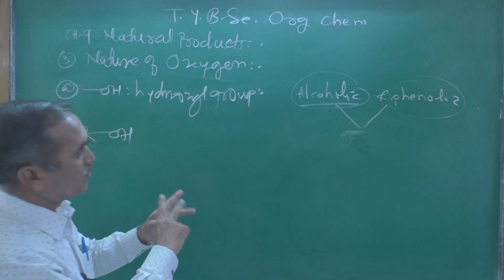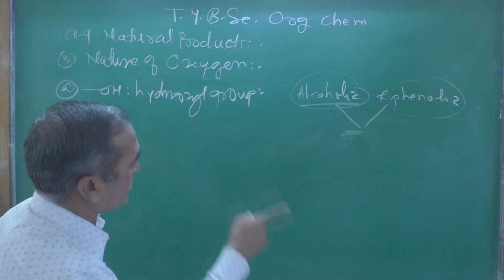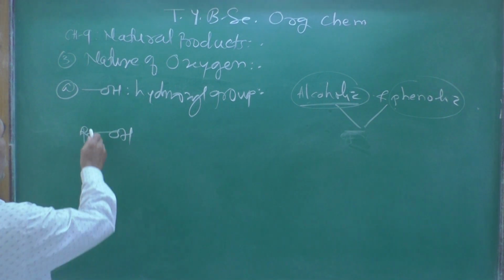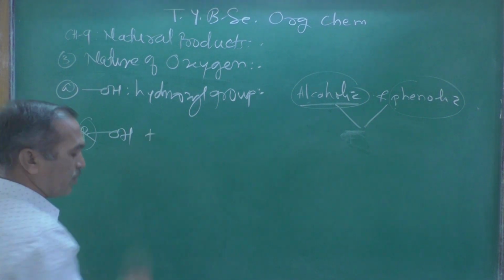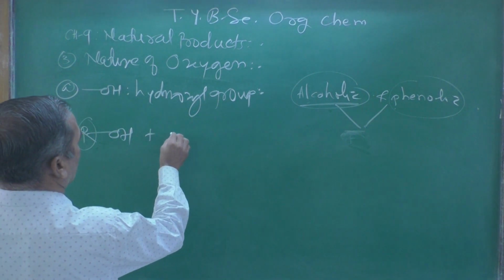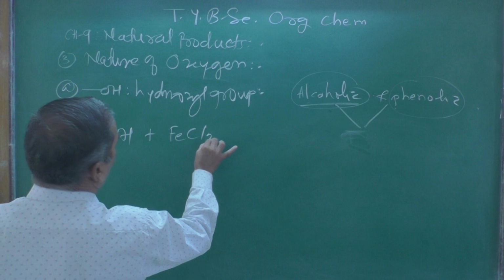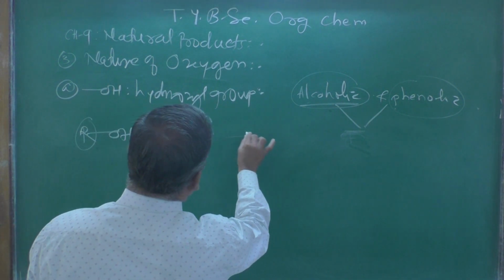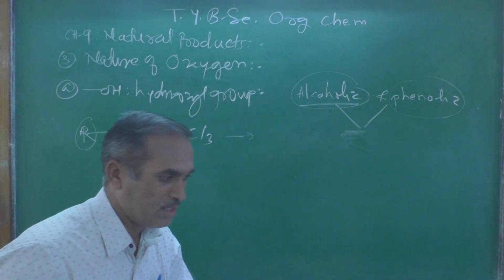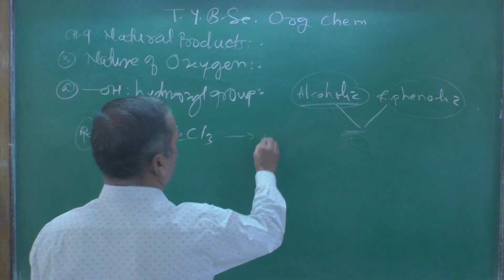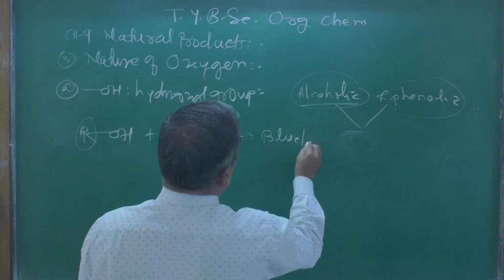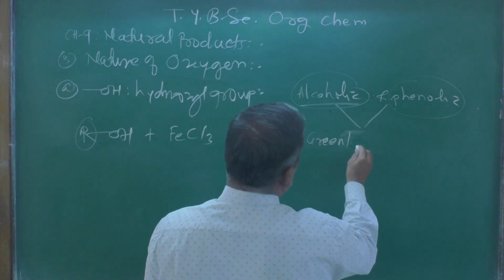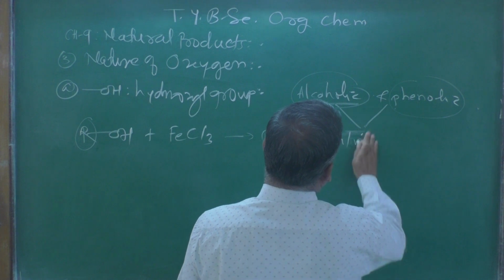And therefore, how do you distinguish whether it is an aliphatic or aromatic hydroxyl group? If you treat this compound with neutral FeCl3, that is ferric chloride, what do you get? Suppose a color is obtained, maybe blue or green, or maybe a violet color.